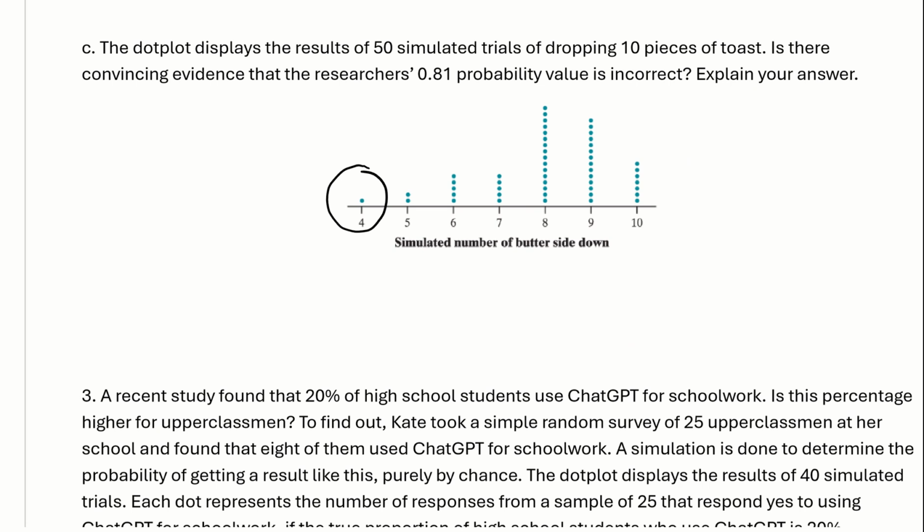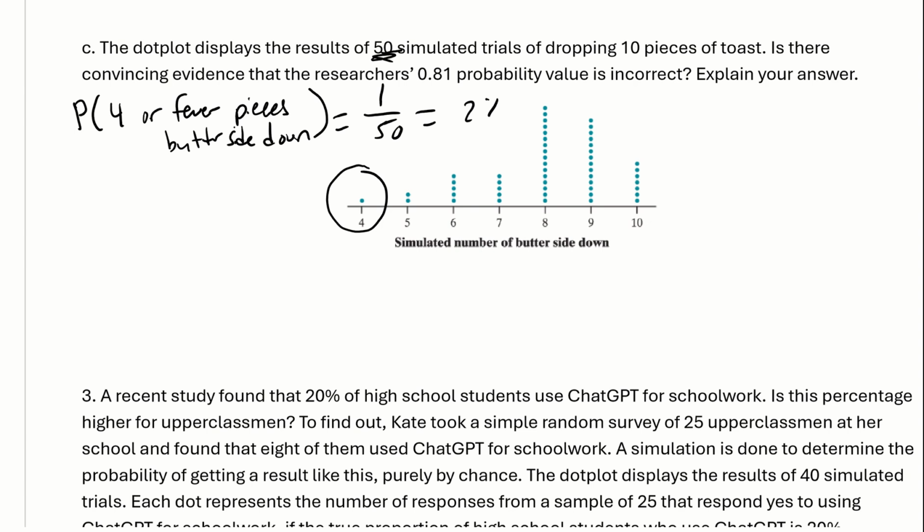Well, that's only one simulation out of 50, right? So the probability of 4 or fewer pieces butter side down is 1 out of 50, which is 2%, which is less than 5%.